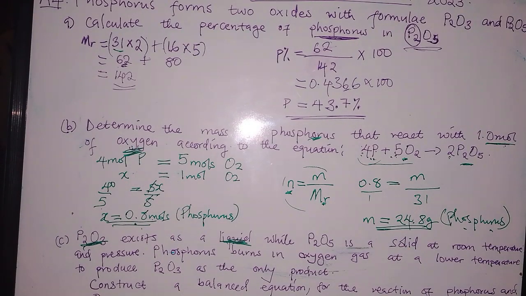Then we looked at how to determine the mass of phosphorus, or the mass of any substance, when you have been given a chemical equation. Last, we also looked at constructing equations and phosphorus acid.